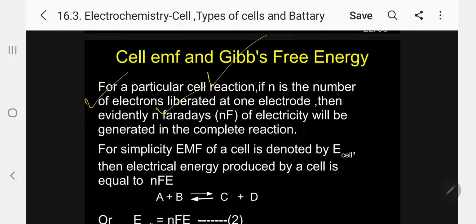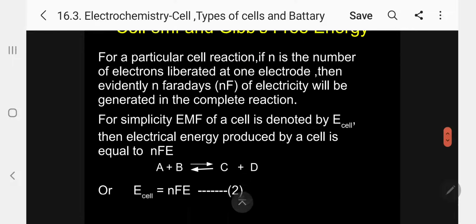When n electrons are generated, then n Faradays of electricity will be generated. 1 Faraday we know, 96,500 coulombs. For simplicity, the EMF of a cell, electromotive force of a cell, is denoted by E cell. Then the electrical energy produced by the cell is equal to nFE.